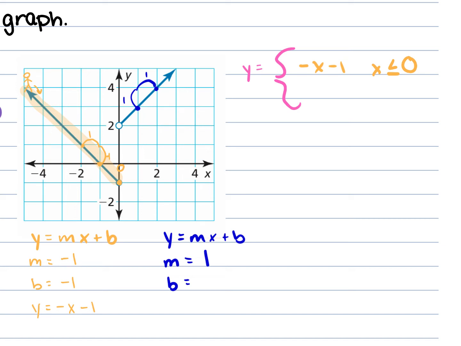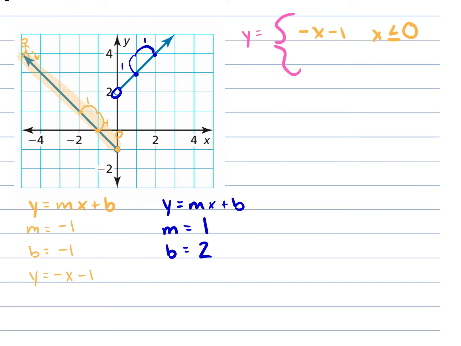We're increasing here. What is my b? 2. So where we cross the y-axis, I cross the y-axis here at 2. So to write this piece of the equation, I have y equals what? x plus 2. So I'd put x plus 2.